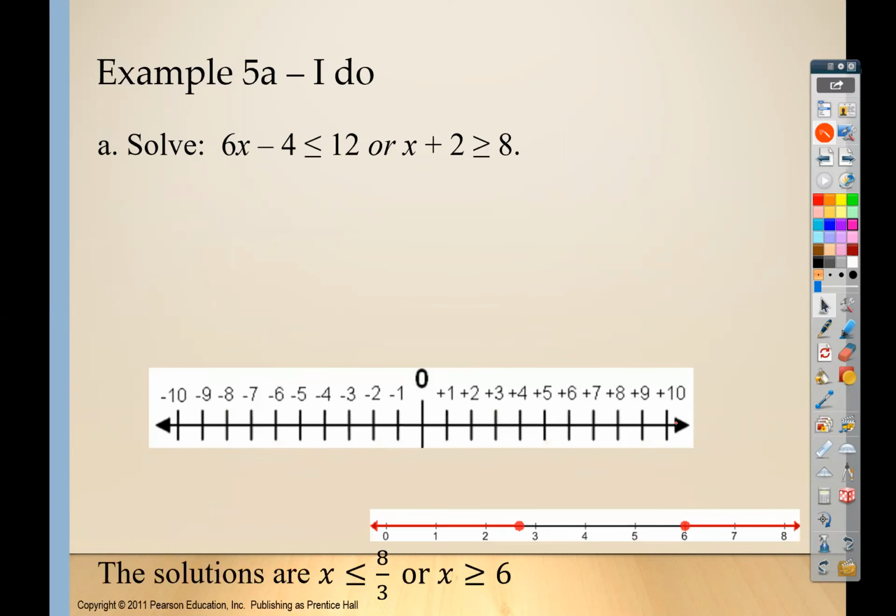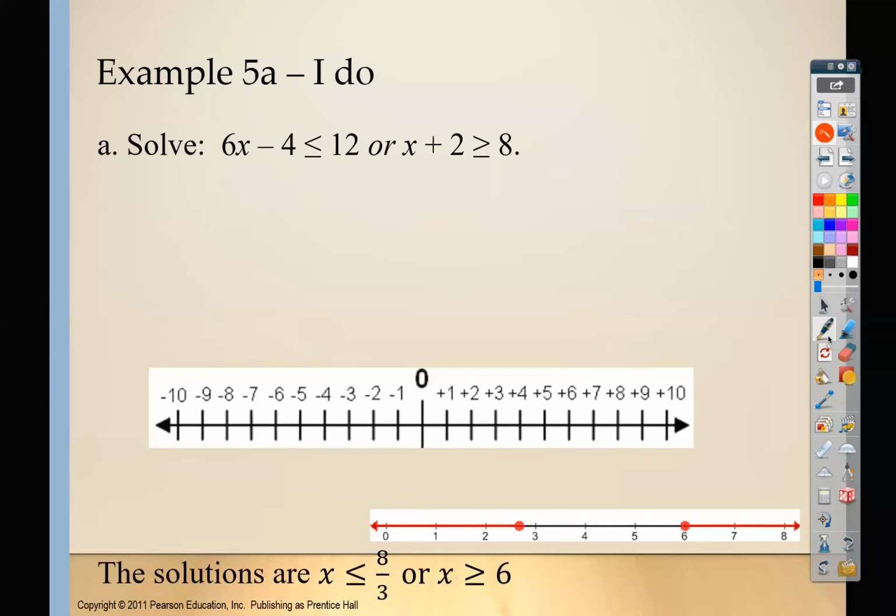Okay, example 5. I'm going to do this one. Let's see. So we're going to solve them individually. Remember, this is a union. So we're listing all the answers. Okay, so we've got 6x is less than or equal to 16. Divide by 6, and you get x is less than or equal to, you can simplify that by 2, so 8/3.